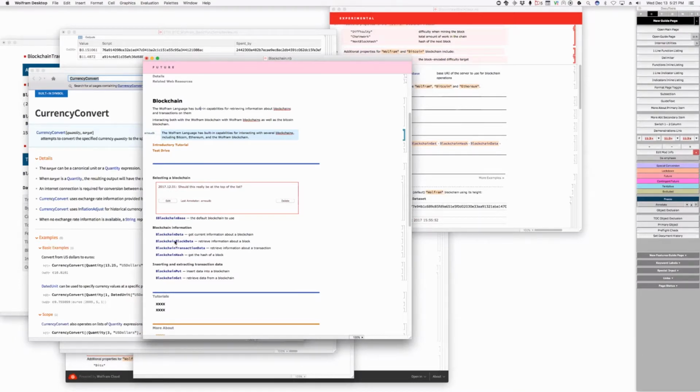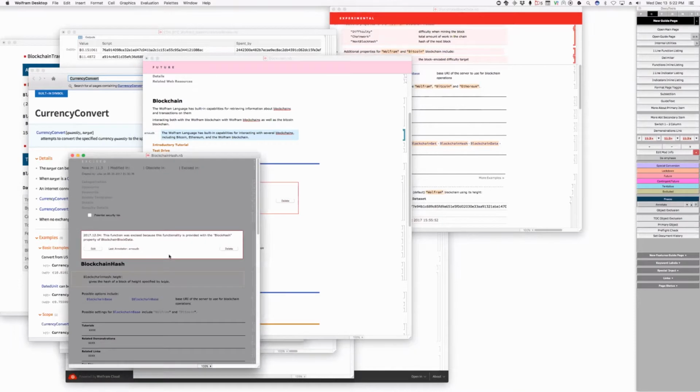Let's take a look down here, okay? Get current information about a blockchain. Get information about a particular block, based on its hash or something. Well, hash or height. Information about a transaction.